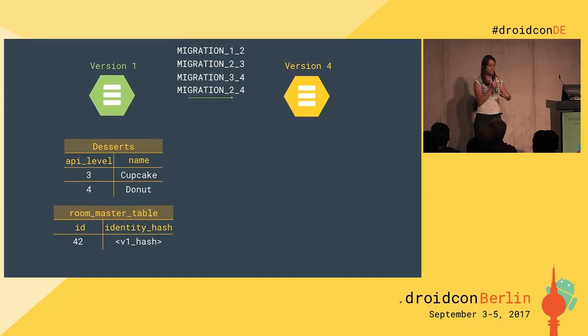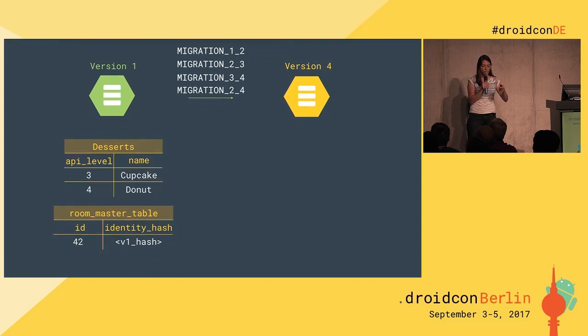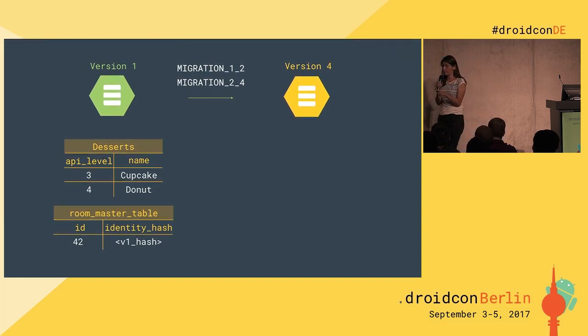And Room provides a nifty thing. So if you have multiple migrations, let's say you have from 1 to 2, 2 to 3, 3 to 4, but also 2 to 4. What Room will do is make sure it takes the shortest path. So it will only use the migration from 1 to 2 and 2 to 4 to get from version 1 to version 4. So what does this mean?